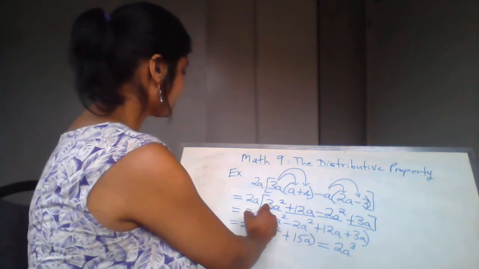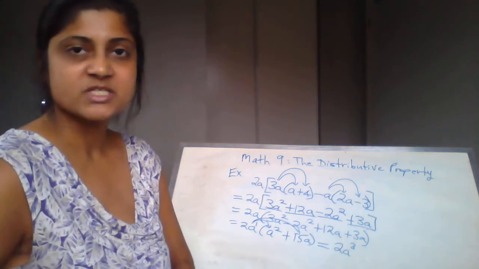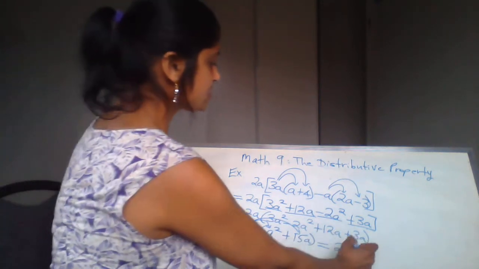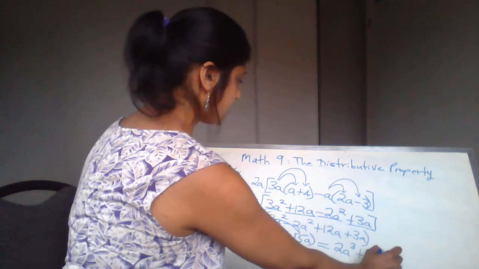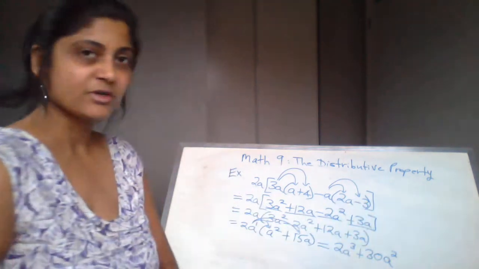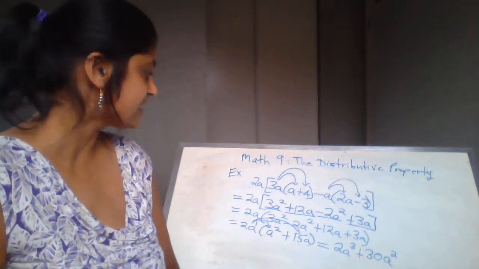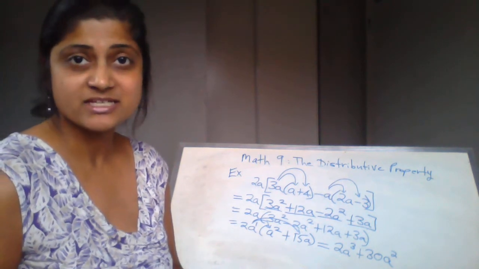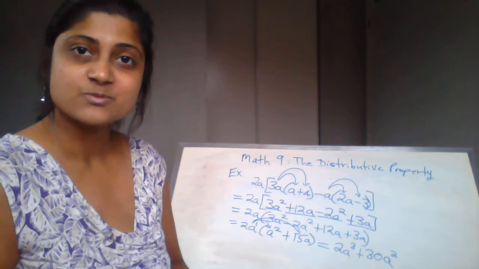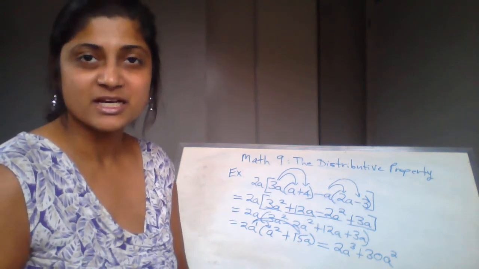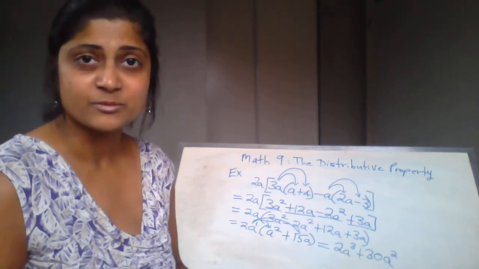All right? And lastly, we're going to do 2a times 15a. So it's going to be positive 30a squared. Okay, again, when I'm doing the last two terms here, I see that I have a and a, which makes a squared. Okay, make sure you are adding the exponents together when you are multiplying monomials or polynomials.